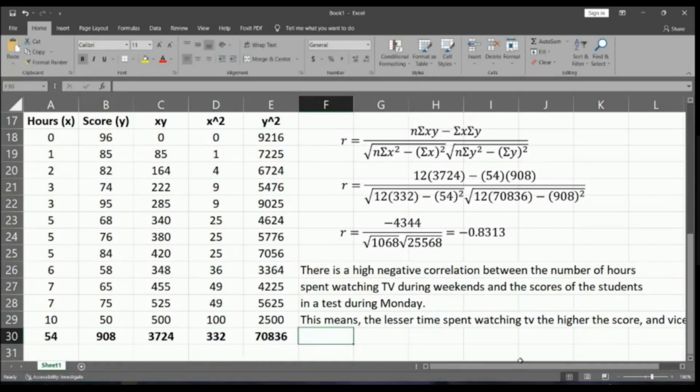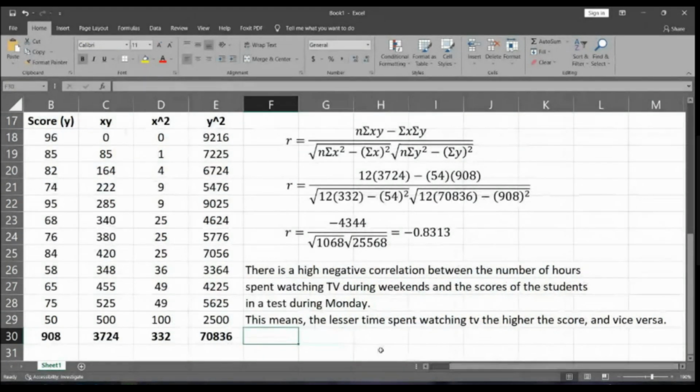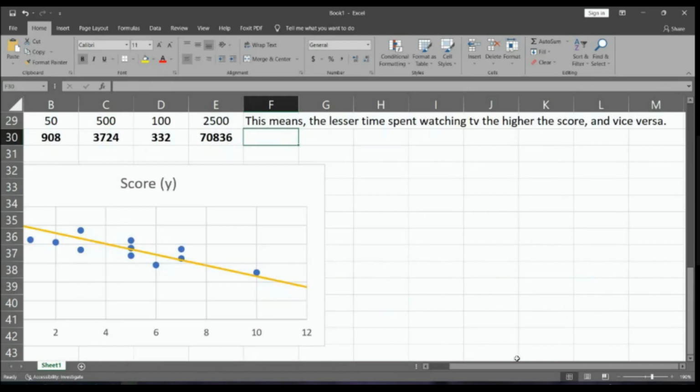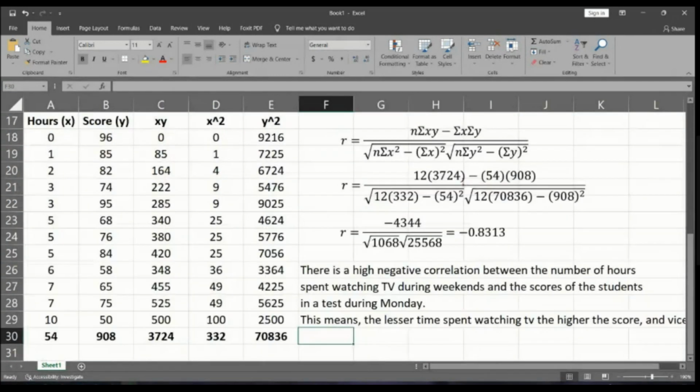Ayan. This means the lesser time spent watching television, the higher the score, and vice versa. The more time you spent watching television, the lower your score. So that is how we interpret the coefficient and the scatter plot diagram.